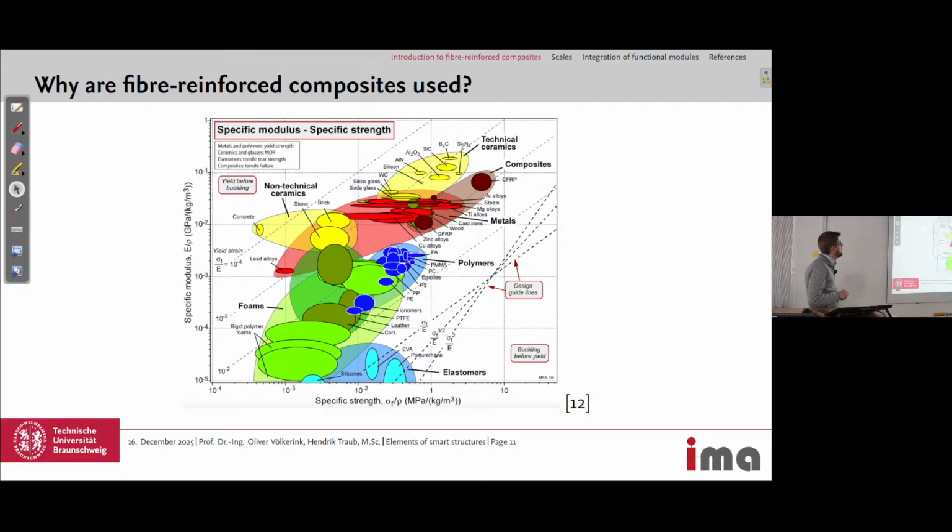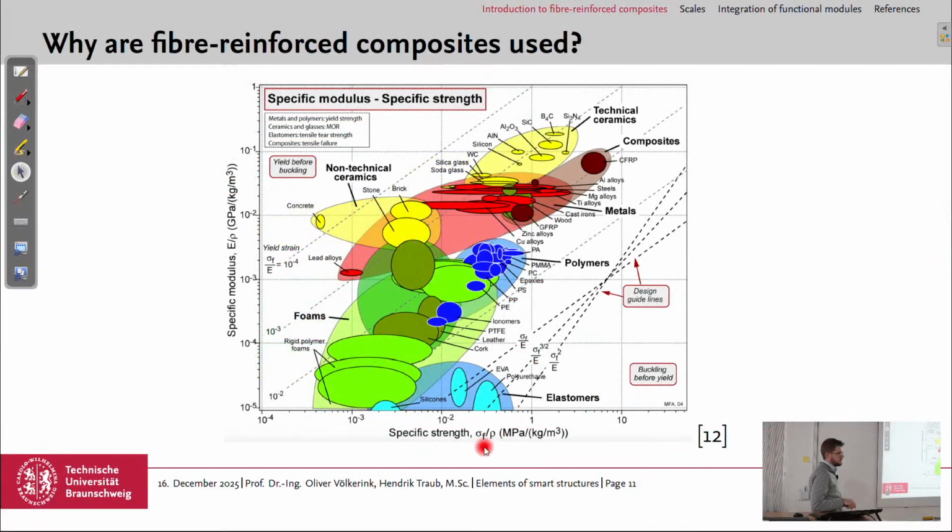Why are fiber reinforced composites used? Who knows this kind of diagram? Specific strength is on this axis and specific modulus is here, called Ashby diagrams, I think. There you have the strength over the density and also the modulus over the density. Can you spot the composites in the diagram?